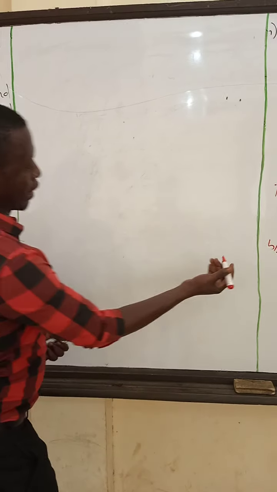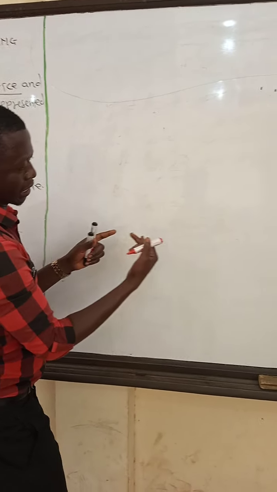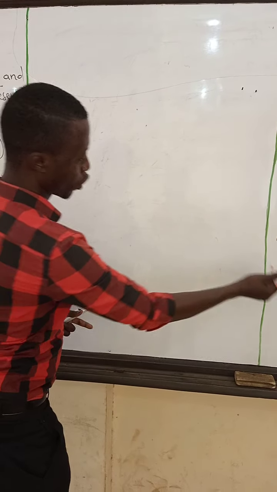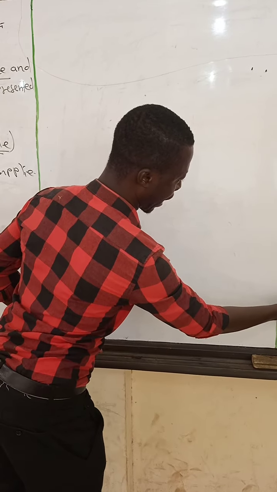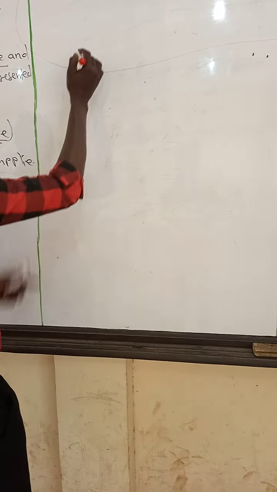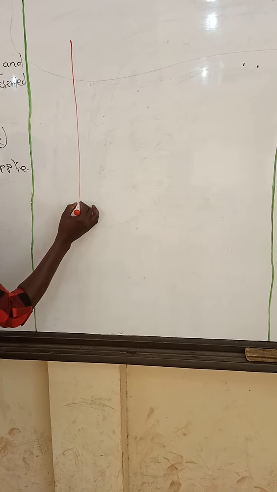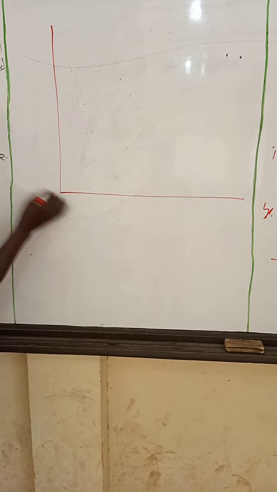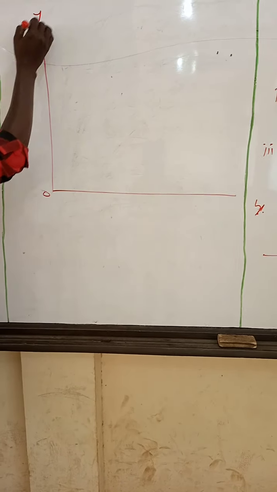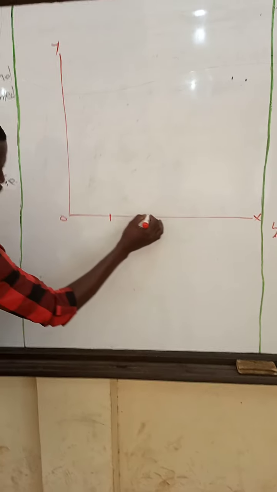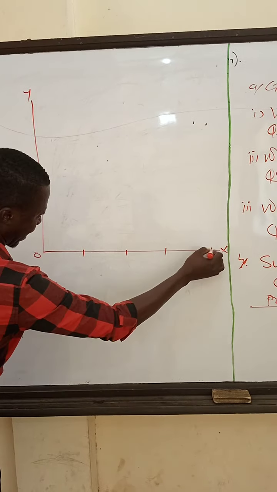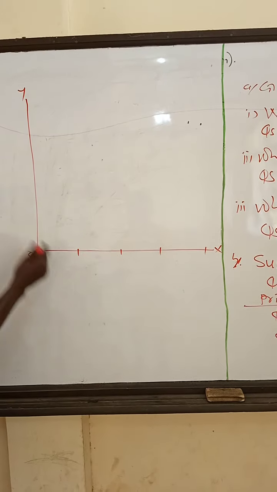So now, the last part of the question asks us to use our result in B to draw a supply curve. So remember, this is our graph sheet. This is 0, this is the y-axis, this is the x-axis. These are my 2 centimeter lines. They are there on the original graph sheet, you see them.